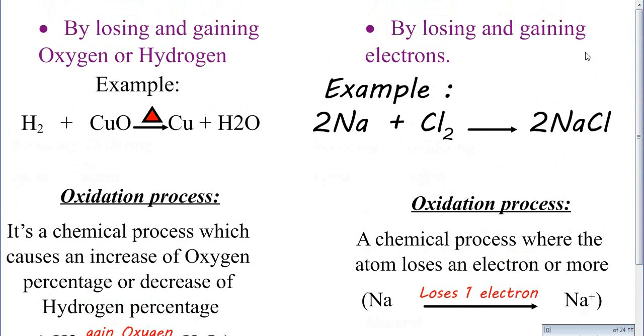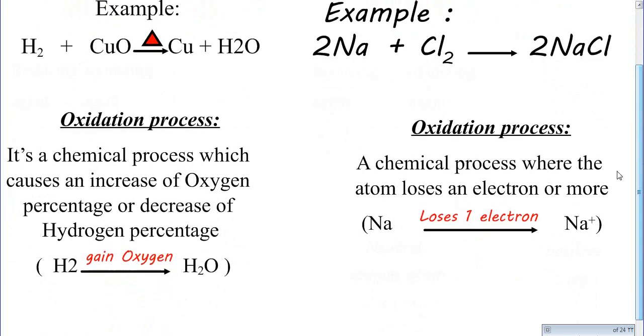Okay, but by losing or gaining electrons, our example: 2Na, sodium, plus Cl2, chlorine, gives us sodium chloride. What is meant by oxidation in this process? It is a chemical process where an atom loses one electron or more.